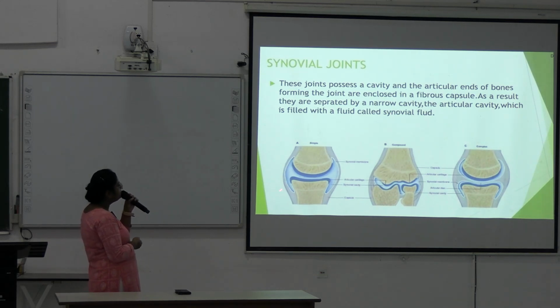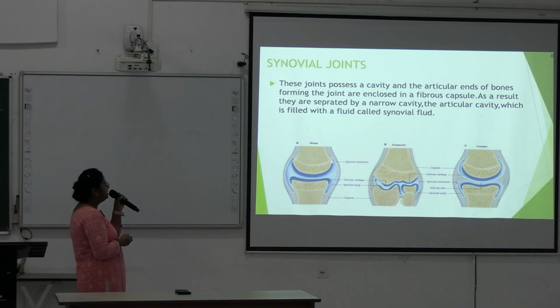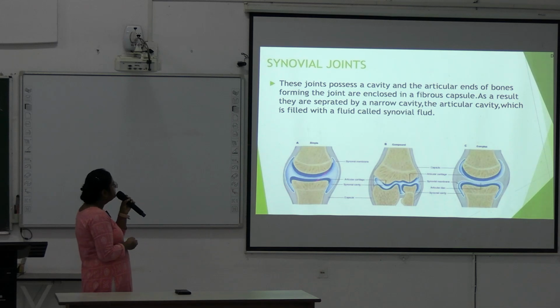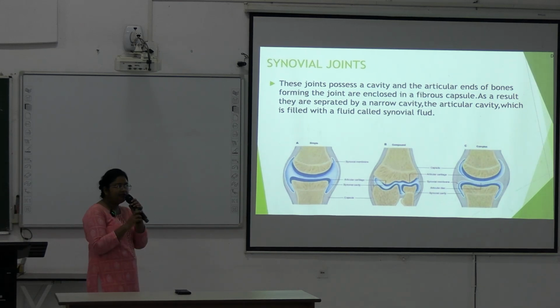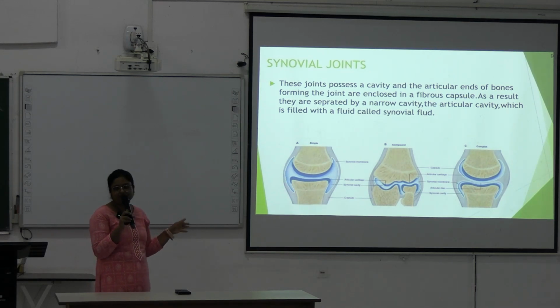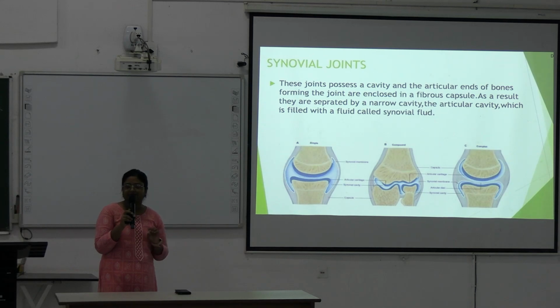See, these two bones are articulating, and the ends of the bones are covered by articular hyaline cartilage, and there is a synovial membrane forming a cavity, and this cavity is filled with a clear fluid known as synovial fluid. So all these are features of a synovial joint. In fibrous joint, the two ends of bones are connected with fibrous tissue, but here synovial cavity and synovial fluid are present.